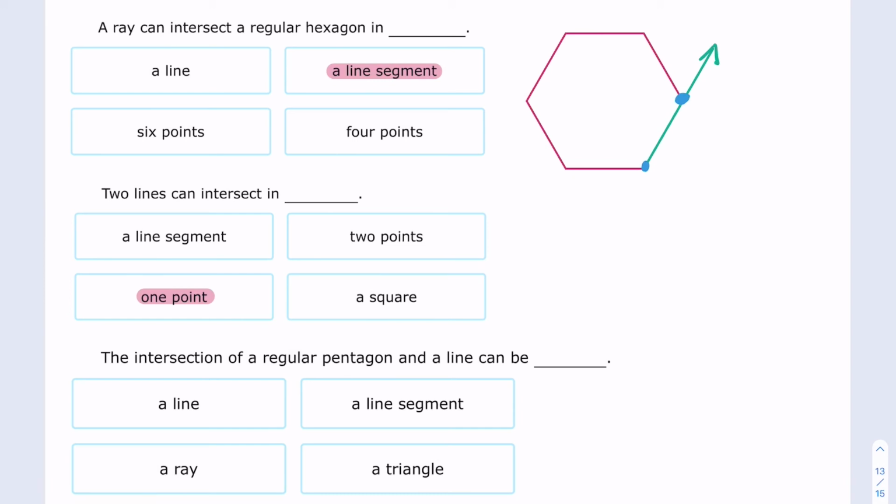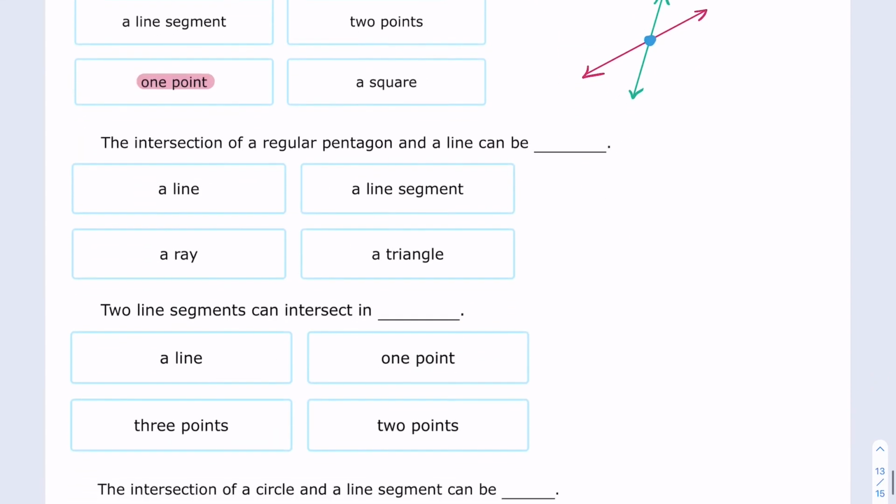So here's two lines. And they intersect at a point.